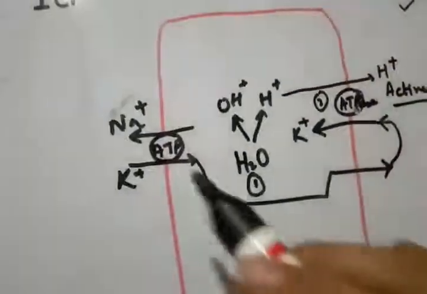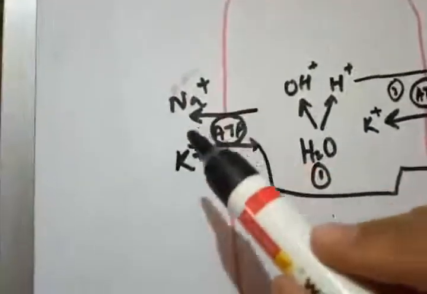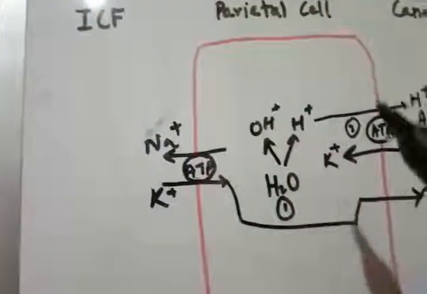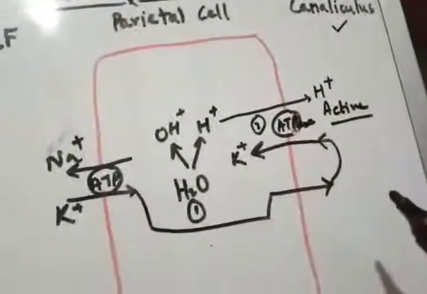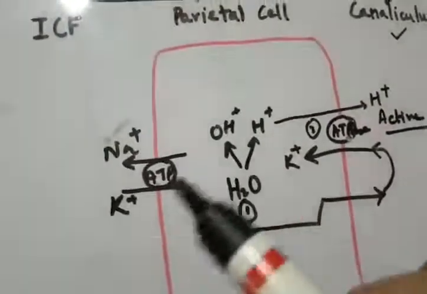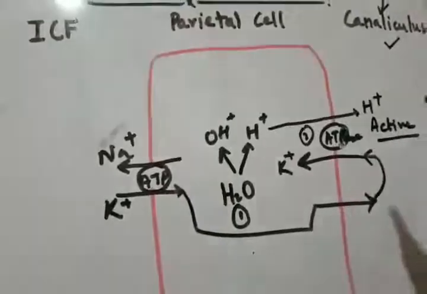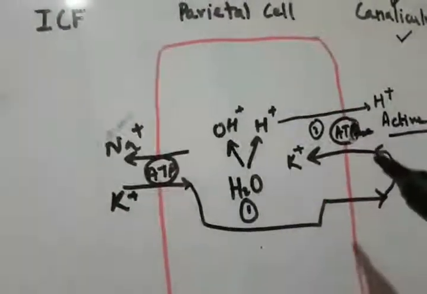Okay, in this process there will be the sodium potassium pump. Potassium will come inside the parietal cell, it will be released out due to the concentration gradient, but it will be again reabsorbed due to this potassium hydrogen pump. This is the third step.